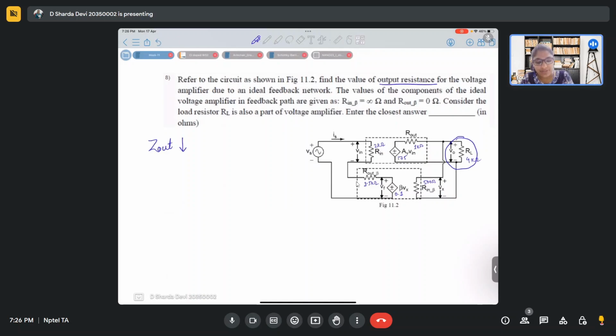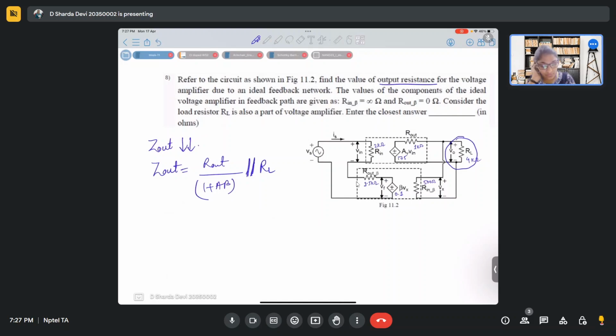So for voltage, what should my Zout be? Less, it should reduce. So Zout will become Rout by 1 plus A beta, times Rout. But here RL is also there, so RL will also come into the picture, right? If we write the formula, it is Zout equals Rout by 1 plus A beta, parallel to RL.